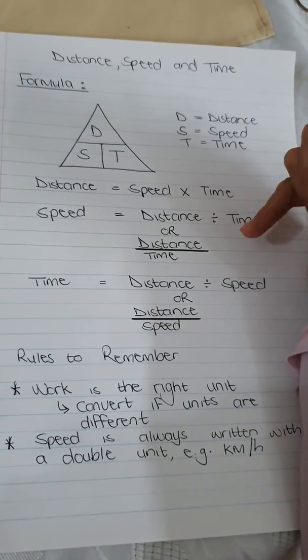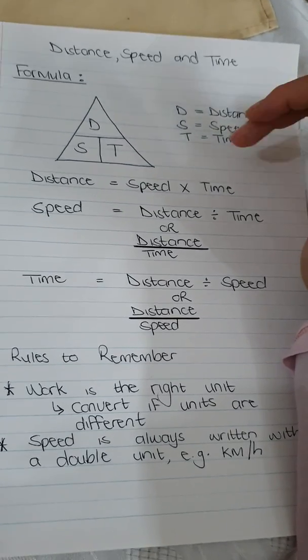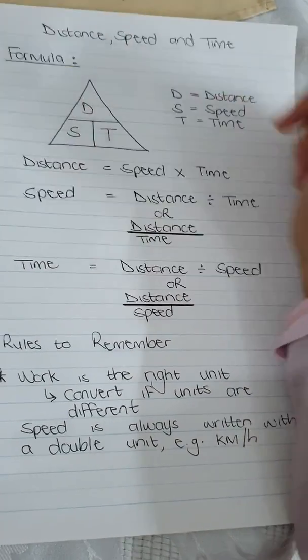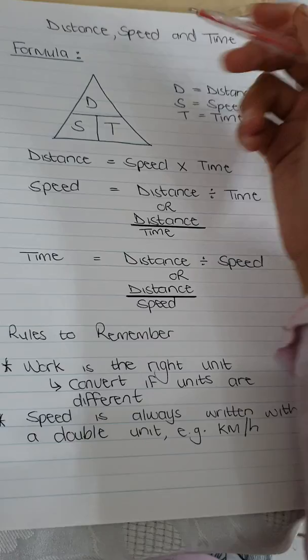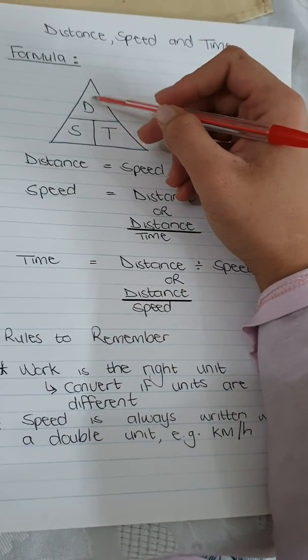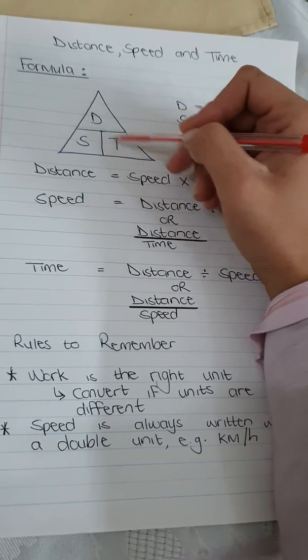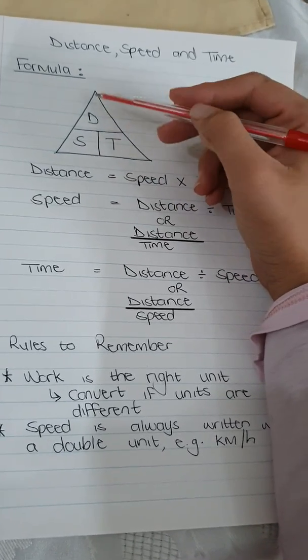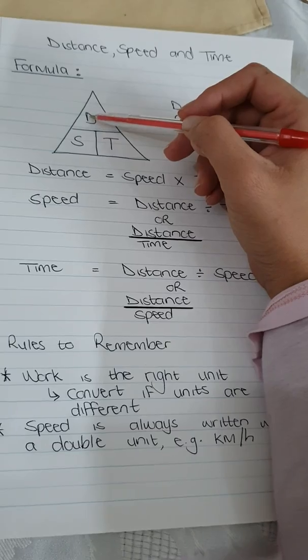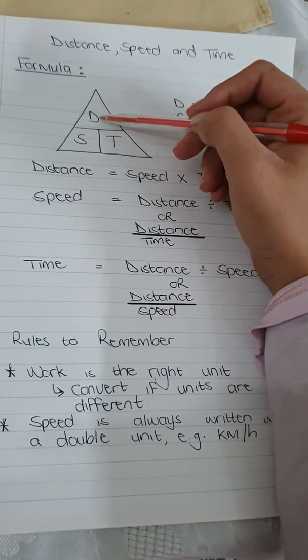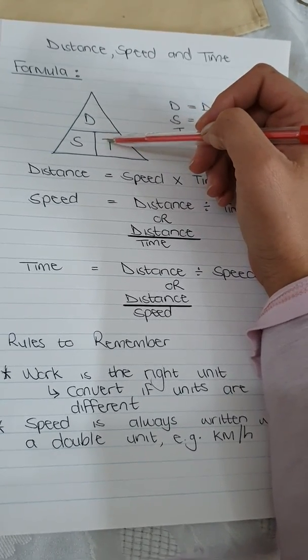Now, let's get straight into our formula. Our formula, we use what we call a magic triangle. The way this magic triangle works is that anything at the top will be divided with anything at the bottom. So that means if I am dividing, I must have two pieces of information.